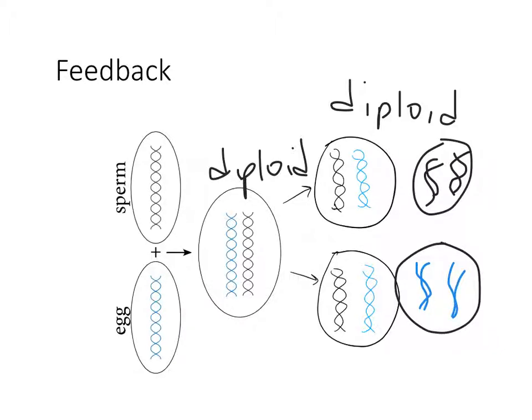So we shouldn't see those on the right. You always get cells that have one of mom's chromosomes and one of dad's chromosomes. So this is fantastic. The only thing I can't see in this, again, is which were the original strands and which were the strands that were recently synthesized.